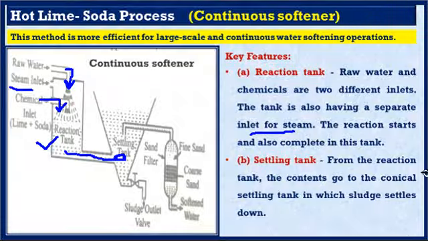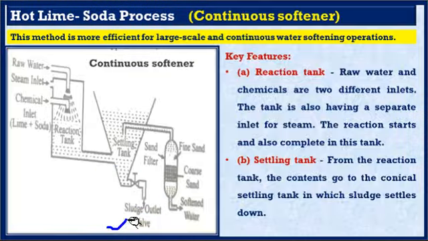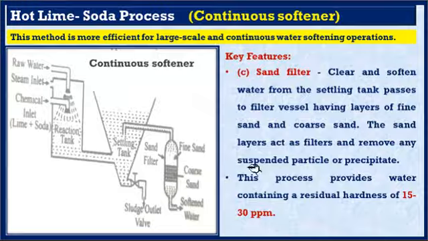From the reaction tank, the contents go to the settling tank, in which sludge is precipitated at the bottom and can be removed by the sludge outlet valve from the bottom of this tank. Now the third one is the sand filter. Clear and softened water from the settling tank passes to the filter vessel having layers of fine sand and coarse sand.